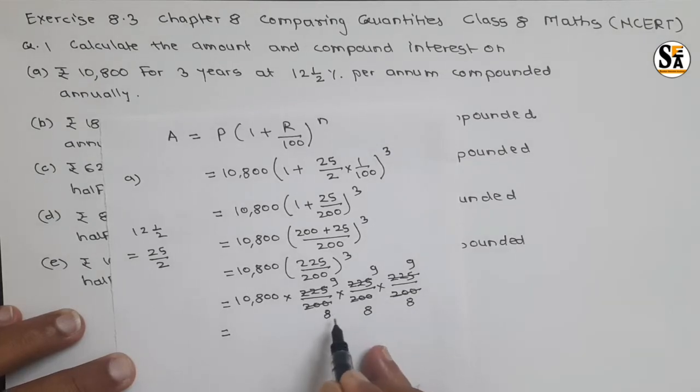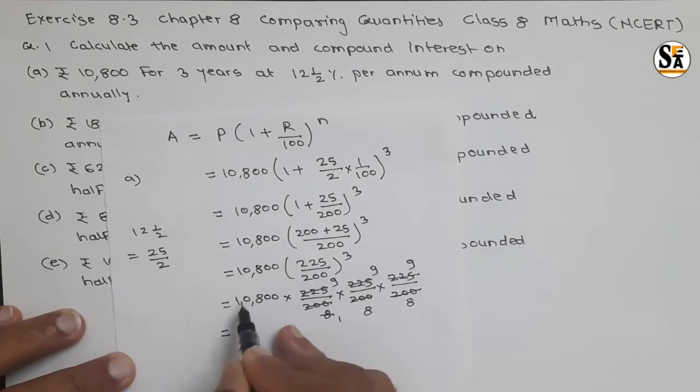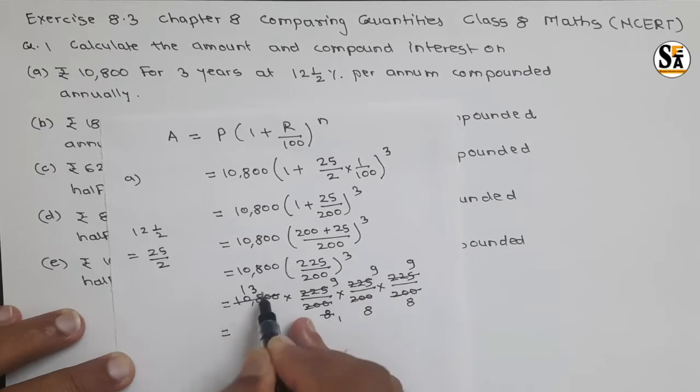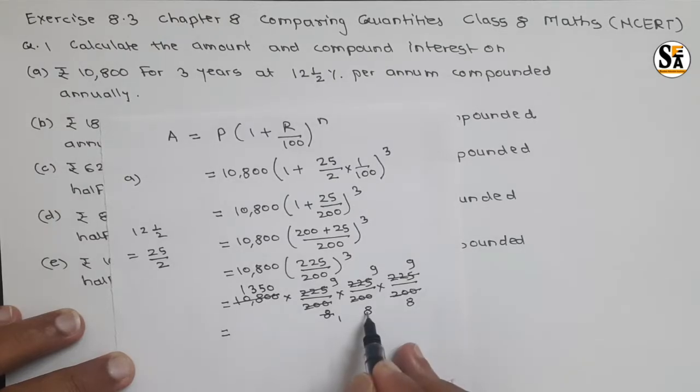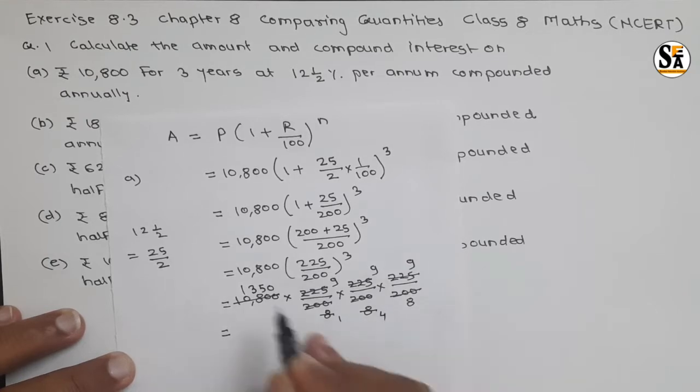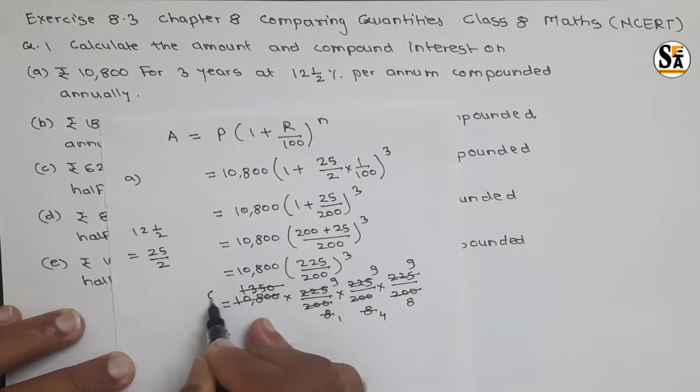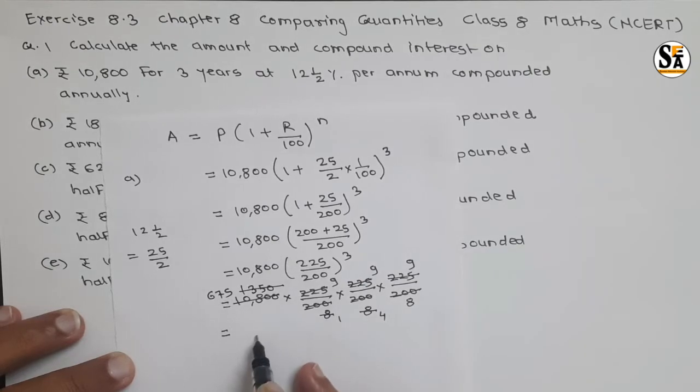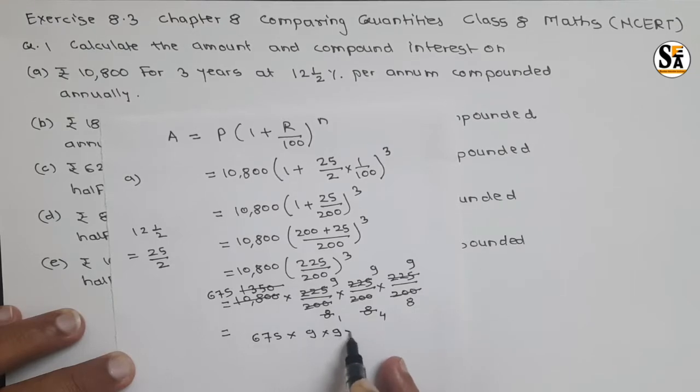Now again simplify, divide 10,800 by 8: 8 ones are 8, 8 3s are 24, then 8 5s are 40 and 0 as it is. Again divide this by 2, we get 4, and here I will write 675. So equation will be 675 into 9 9 and 9 divided by 8, this 8 and this 4.